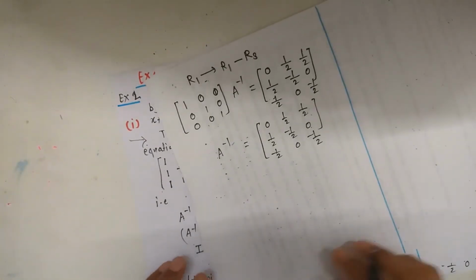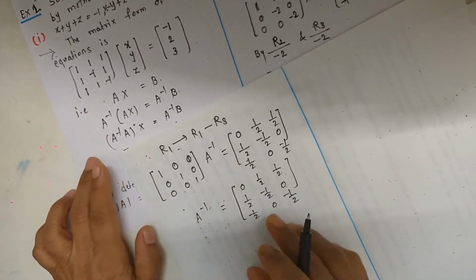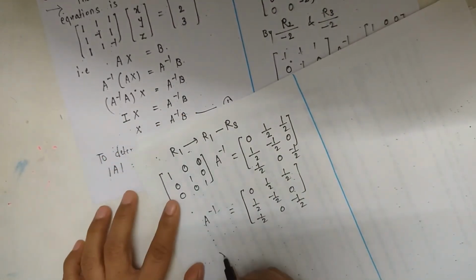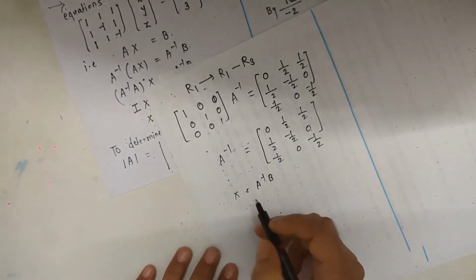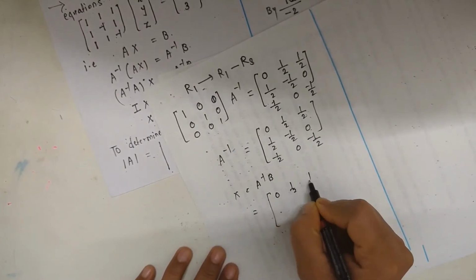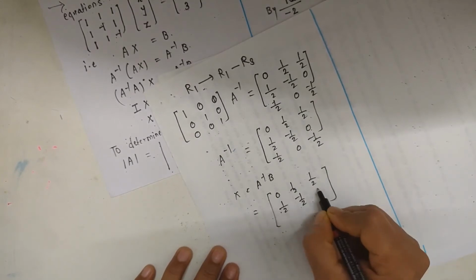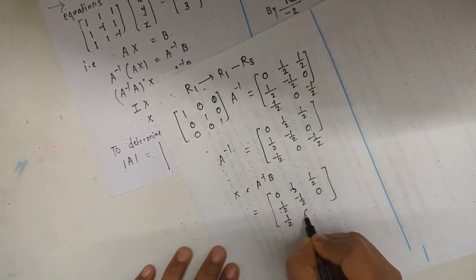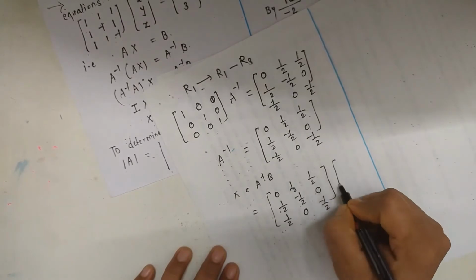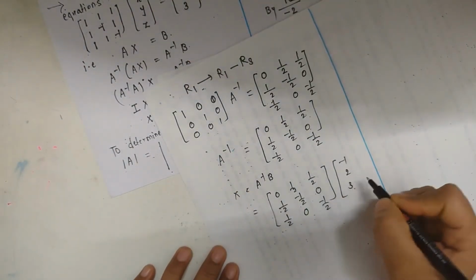Now the next step, substituting this A inverse into the first equation, x is equal to A inverse into B. So substituting the value of A inverse, 0, half, half, 1 by 2, minus 1 by 2, 0, 1 by 2, 0, minus 1 by 2, into the constant matrix B, which is minus 1, 2 and 3.